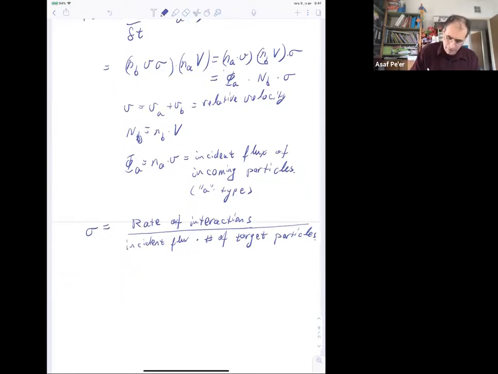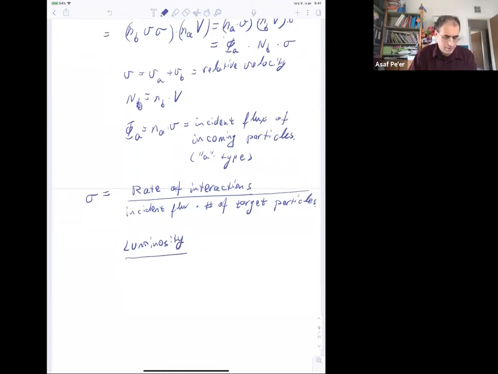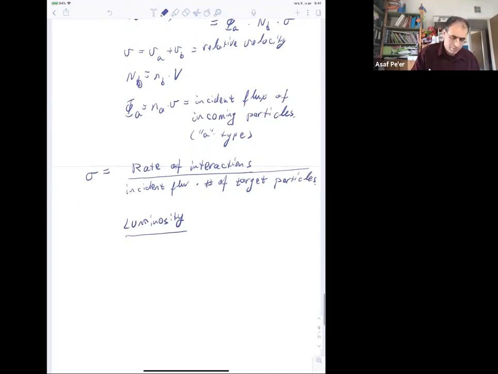Okay, and one last thing I want to say about that is the luminosity. The rate of interactions is proportional to the cross-section area for the interaction. So the rate, dN_x over dt, is just the flux phi A times the total number of target particles N_B times sigma_x.